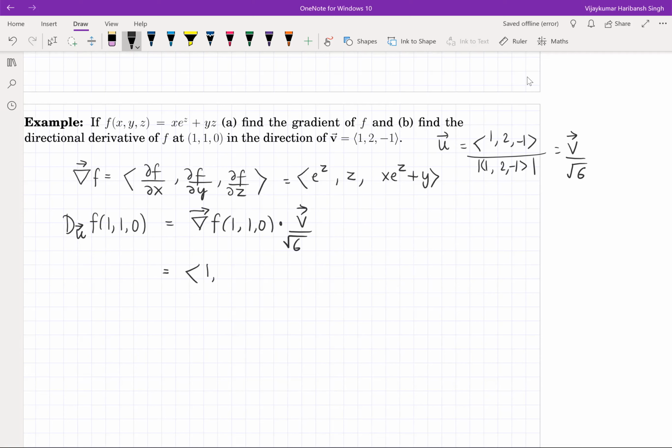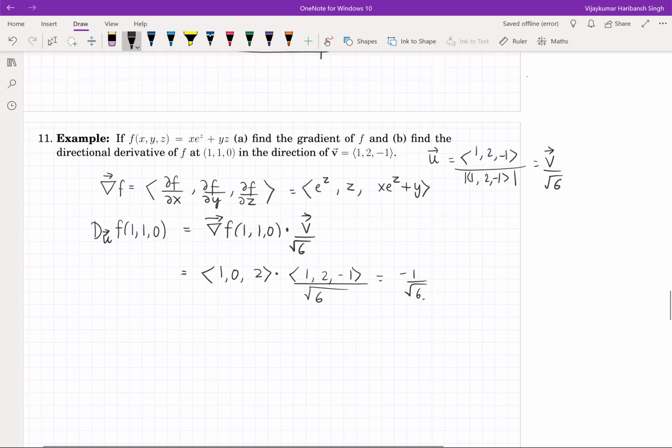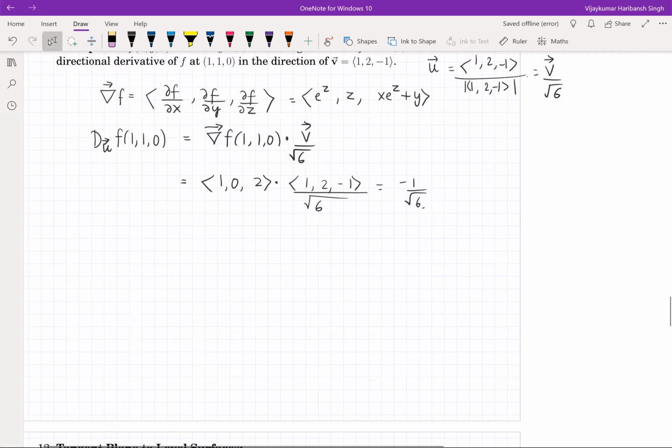When I substitute 0 here, I get 0. When I substitute 1 here, I get 1 plus 1, which is 2, dot with vector v, which is 1, 2, minus 1 divided by square root of 6. So this is going to be 1 minus 2, so minus 1 by square root of 6. So this is my directional derivative in the direction of vector v.